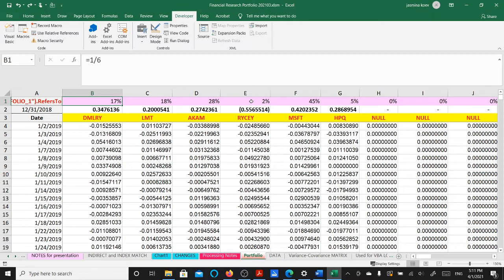Otherwise, the system would have probably calculated a 0% investment in Rolls-Royce, Microsoft 45, and Hewlett-Packard 5%. This is the optimal blend, and it will give me over the same period a 31% portfolio return with a 7% variance.